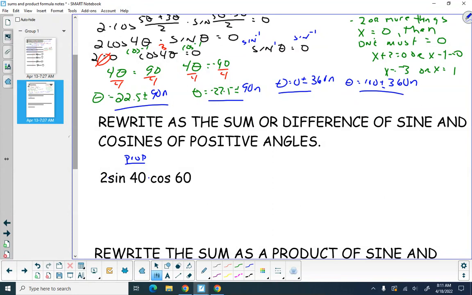So I'm looking at the right-hand side. I have 8 of them there. I'm looking for the easiest one to work with, which is probably the top 4. Do I have 2 sine of A times the cosine of B? And I want to take that from the right-hand side and move it to the left. So wherever you see an A, I have my 40.